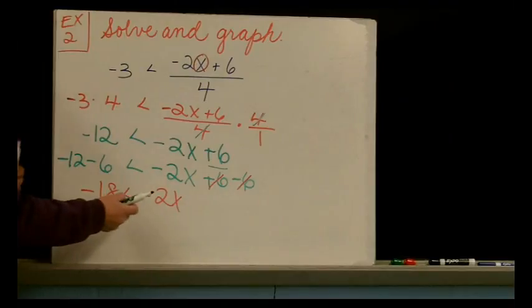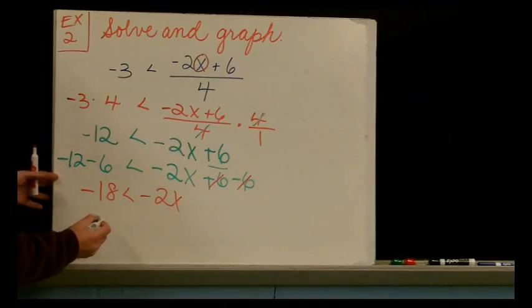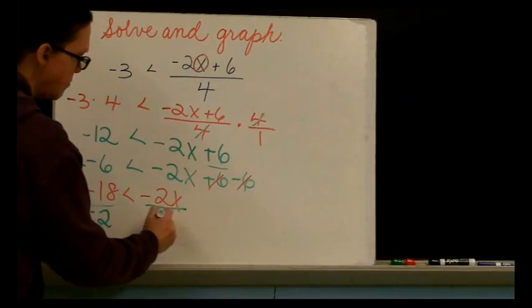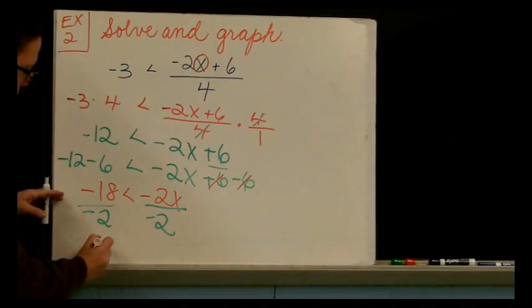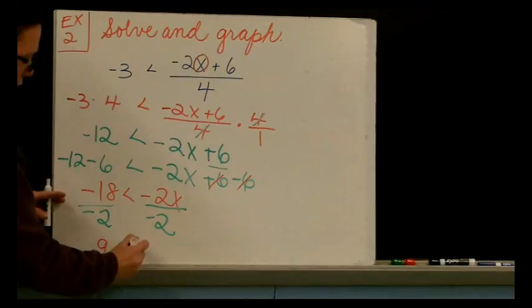Now that we have the x down to just being multiplied by a -2, we will do the inverse of that, and we are going to divide both sides by a -2. And when we do that, we end up with a positive 9 is less than x.